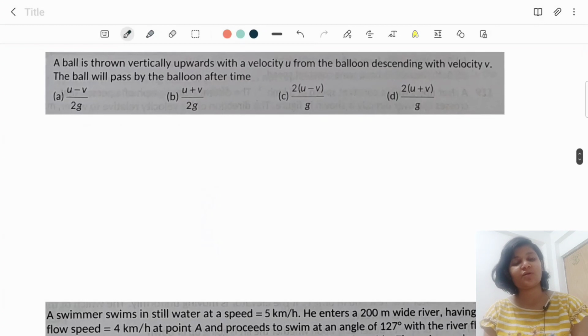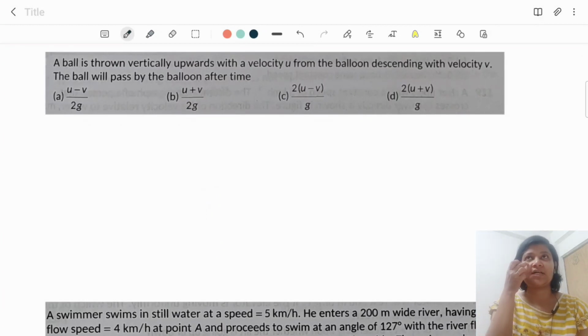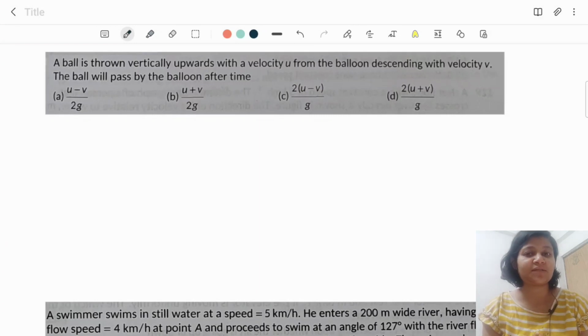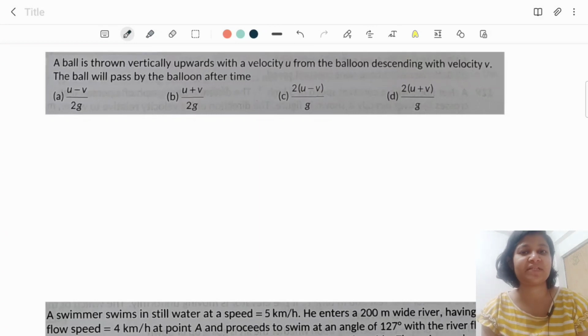While solving this problem, you are also going to learn about a new concept, and that is the frame of reference. To give you an easy example, suppose you are sitting in a moving train. You think that you are at rest because you are sitting on a seat inside the train. So if we take the train as a frame of reference, you are at rest in that frame of reference.